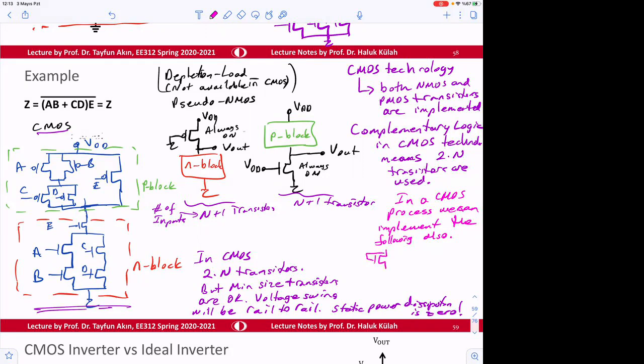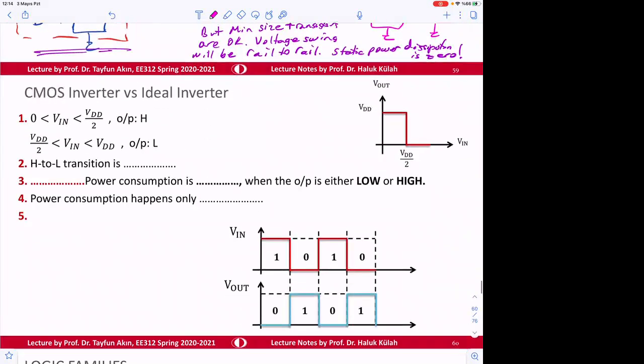Remember? This is not complementary, right? Or we can do this and block. But this is not going to be complementary logic. So you might want to be careful about the namings here.